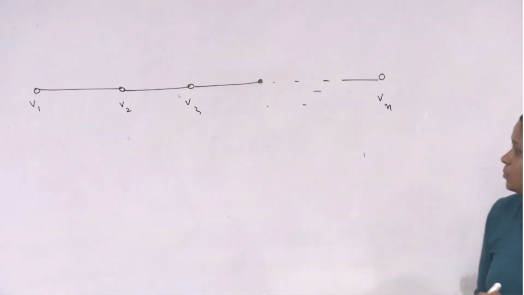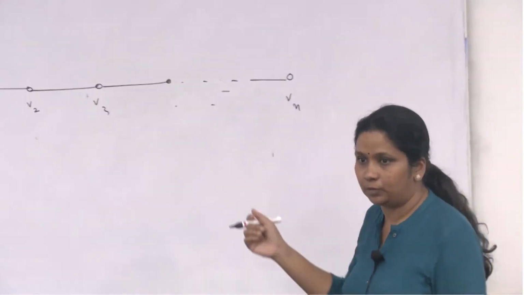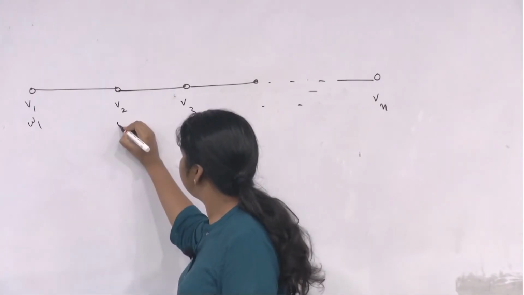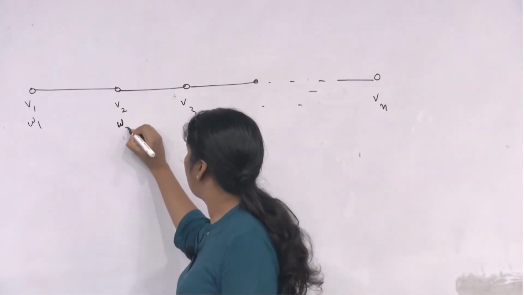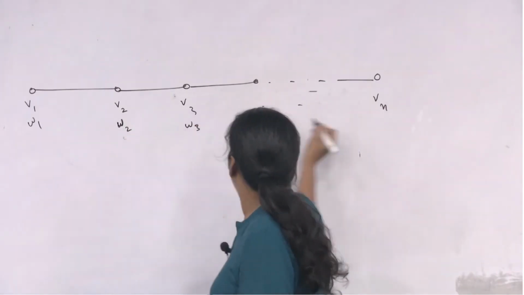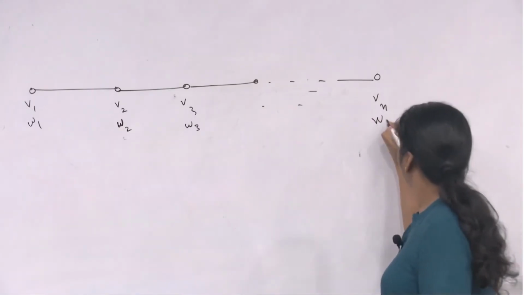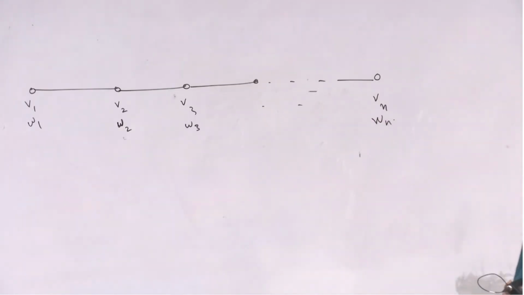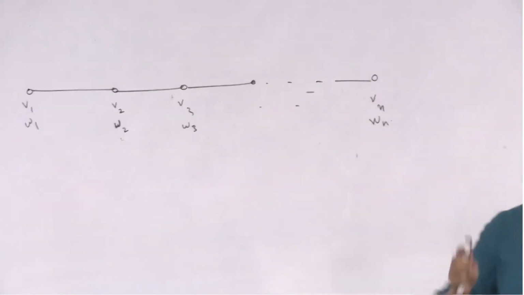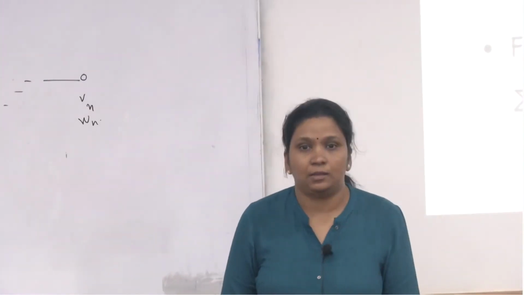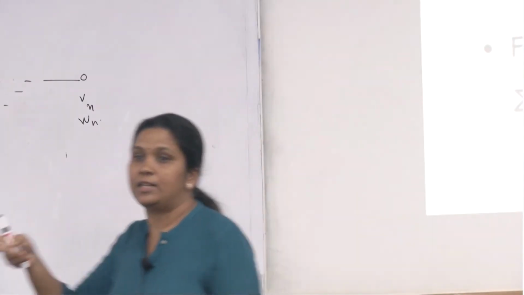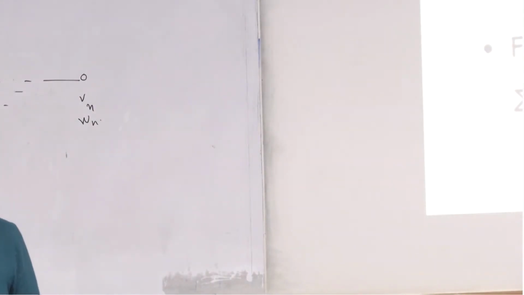Moreover, this is weighted. That means this is a vertex weighted graph. Every vertex has a weight associated with it, and you want to find the maximum independent set. What is an independent set? A subset of vertices which are pairwise non-adjacent.